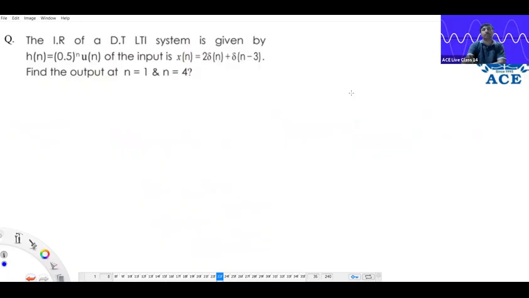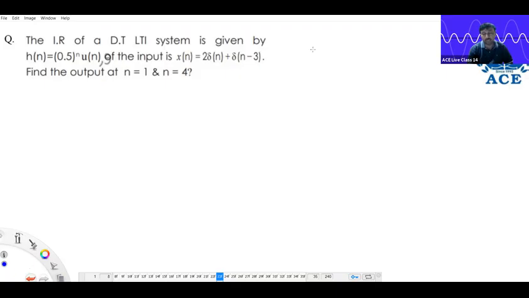Think of this model. The impulse response of a discrete time LTI system is given by 0.5 whole power n u[n]. If the input is 2 delta[n] plus delta of n minus 3, find the output at 1 and 4.